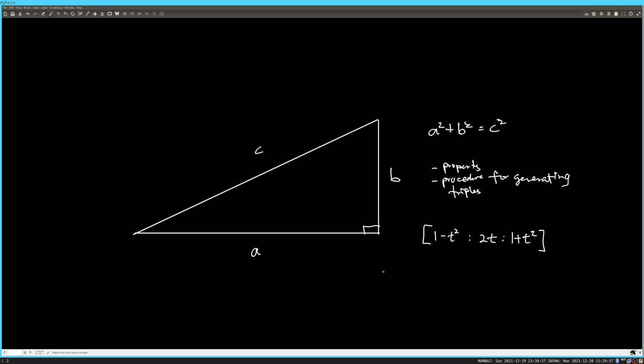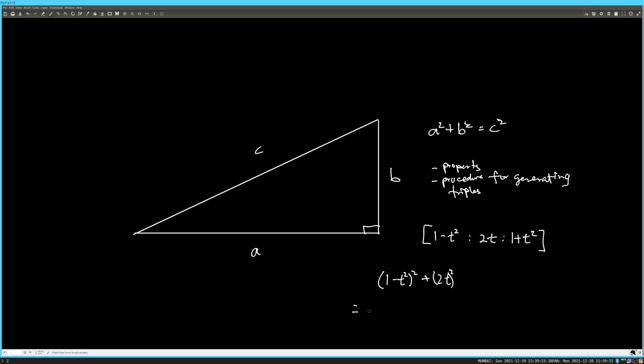Let's just try it. 1 minus t squared, squared, plus 2t, squared. What is this going to be equal to?